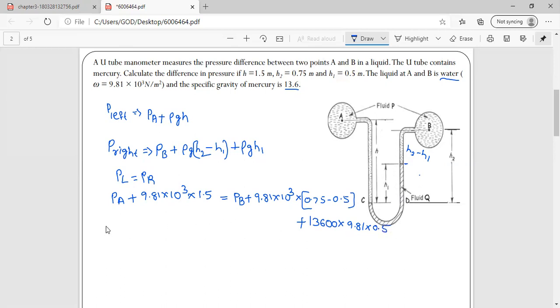Now if you solve this equation, we have two unknown variables. Use a calculator, all of you, and tell me the value.